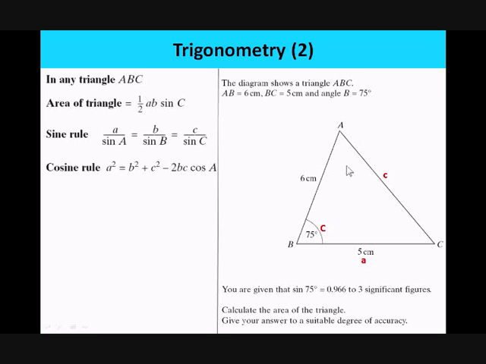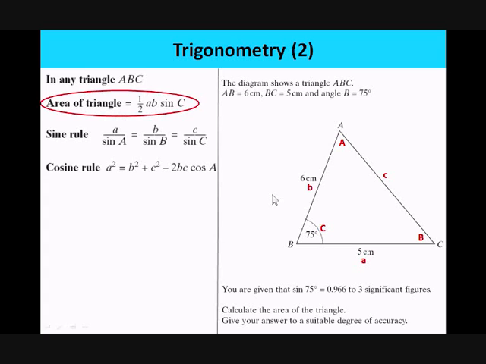Side a can be this one here, opposite angle A. Then I'm going to relabel that angle as B and that side there as side b. So I'm ignoring the labeling that it already has in the diagram, because we need the 75 degrees in the problem to match the angle in our formula, which is called C.